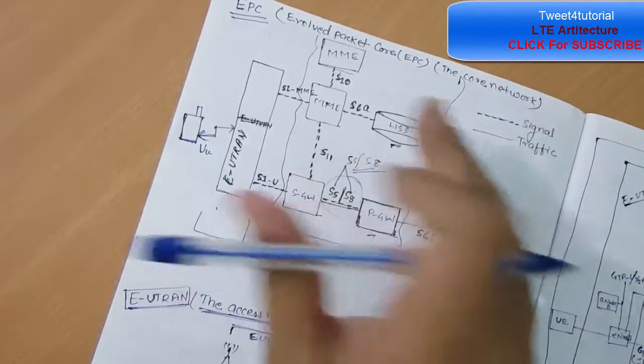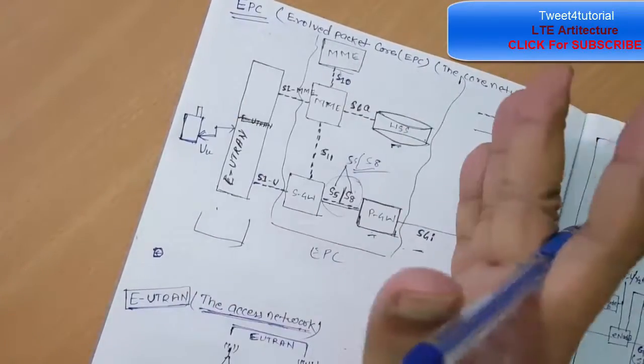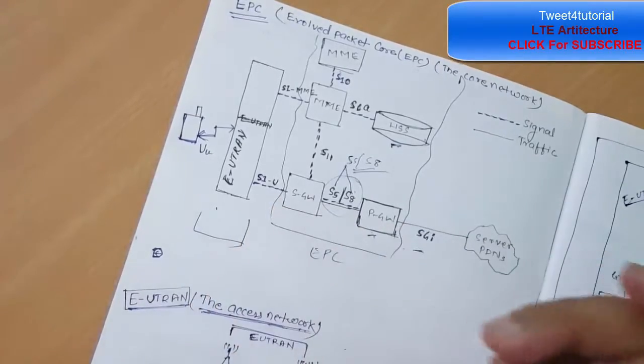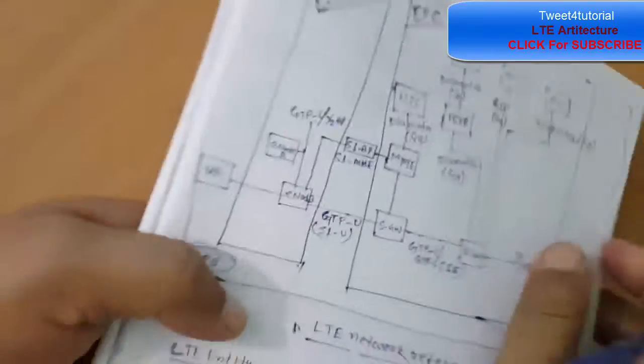So these functionalities are divided between E-UTRAN and EPC. And after that we will see it in depth.